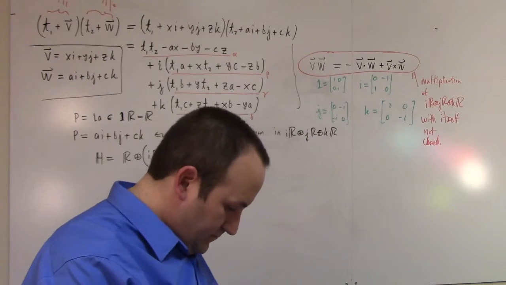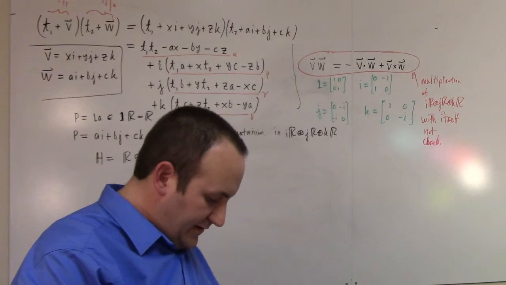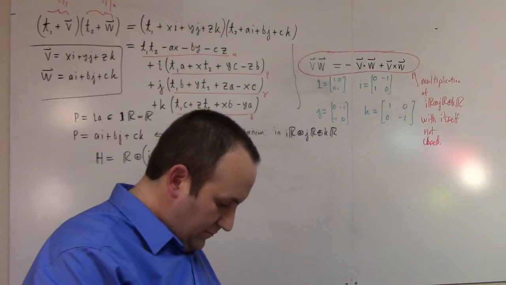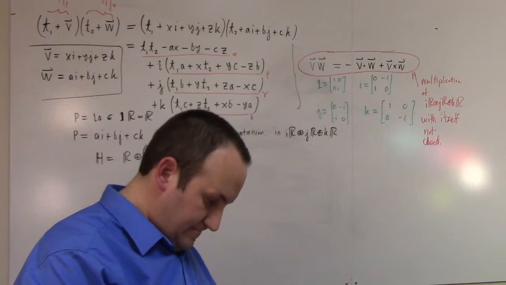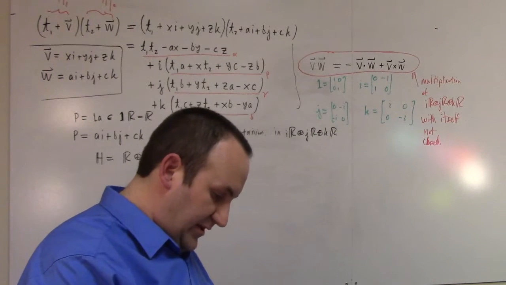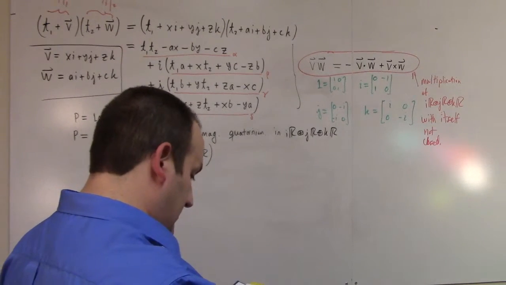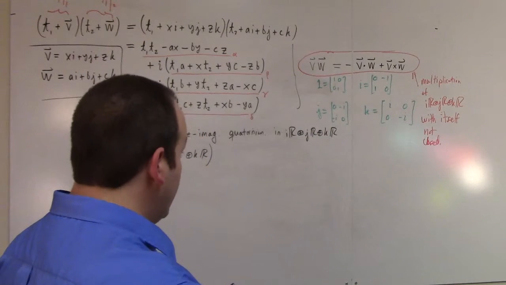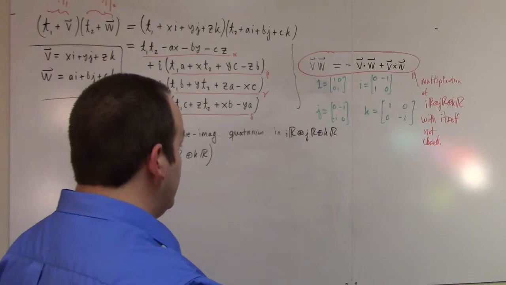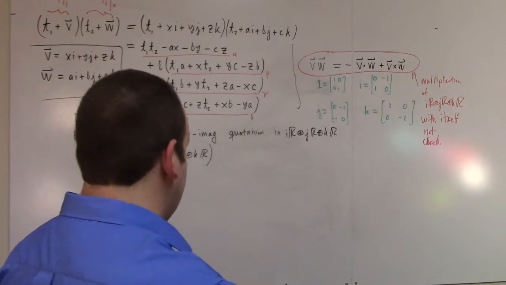So that's not going to form a group of things, right? But he extracts a little bit more out of this formula that I just circled in red. He's like, all right, so the product of V and W is real only if what? Just trying to collect my thoughts here.